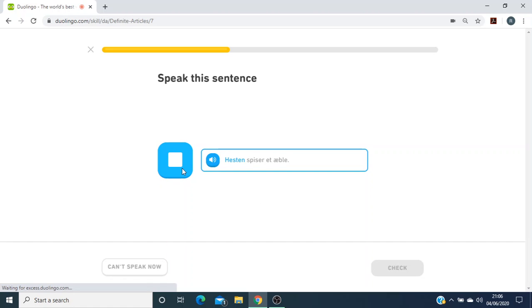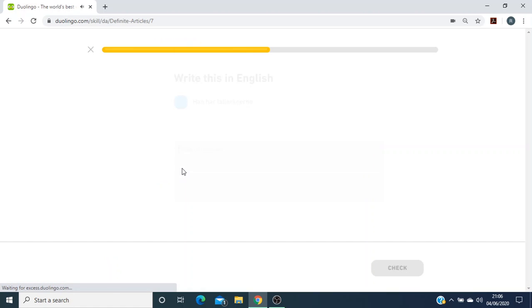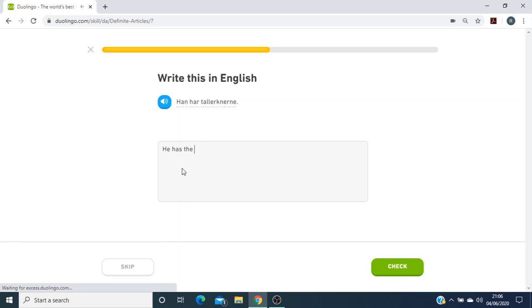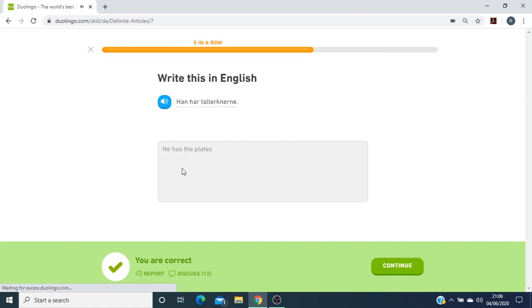Hesten spiser et æble. Han har tallerkenerne. He has the plates. Oh yeah, something you notice about tallerken: the tallerken is plate, but the plate is tallerkenen, and then it goes tallerkenerne.